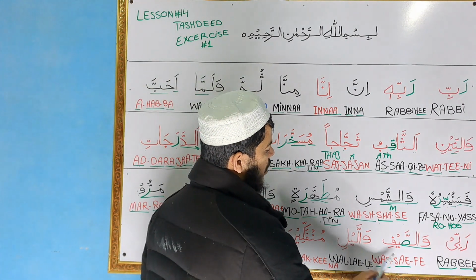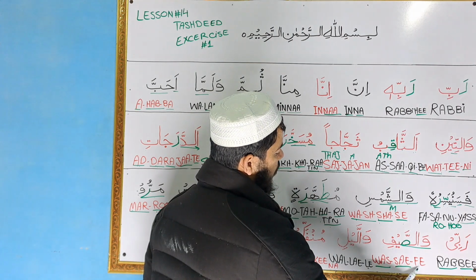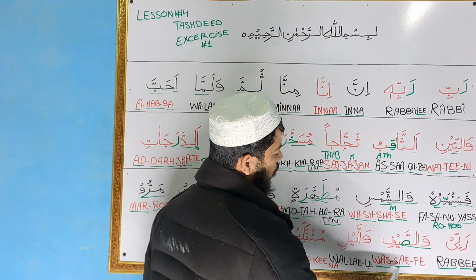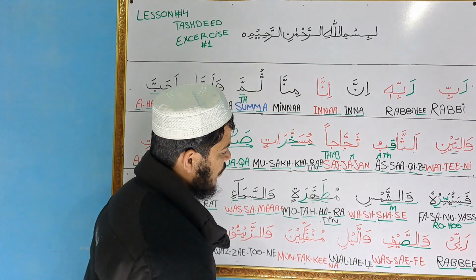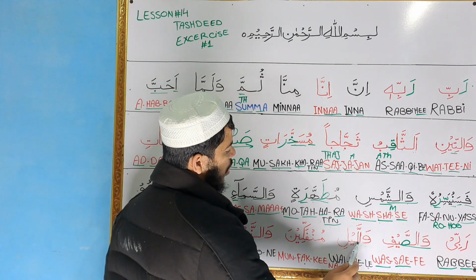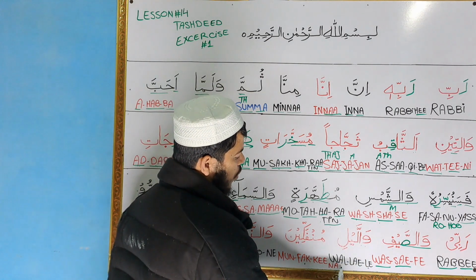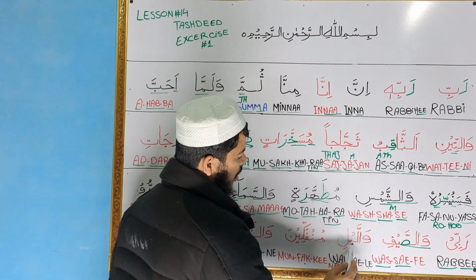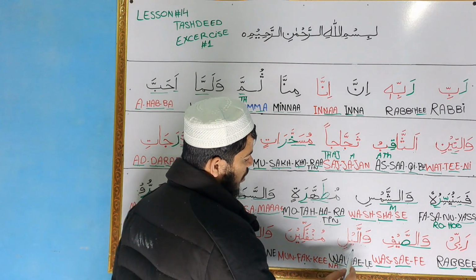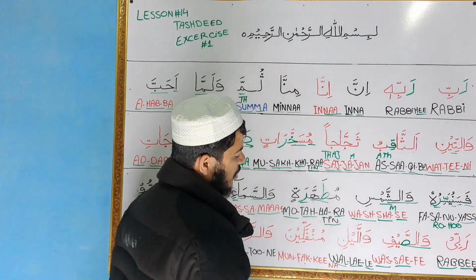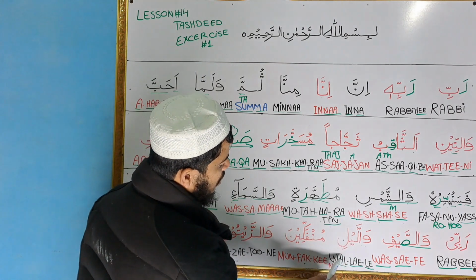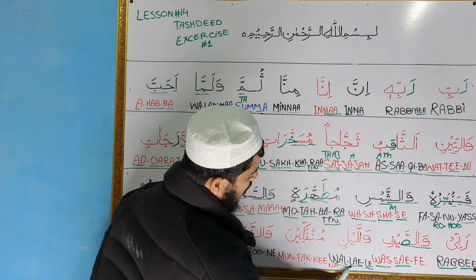Soy. Fa, fatha, fa, kasra, fi. Was-soyfi. Waw goes to lam. Waw, lam, fatha, wal. Lam, ya, fatha, lay. Lam, kasra, li. Wal-layli.